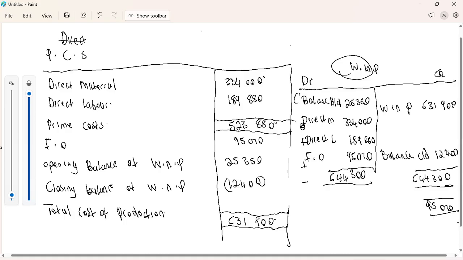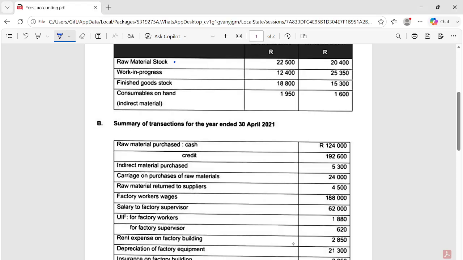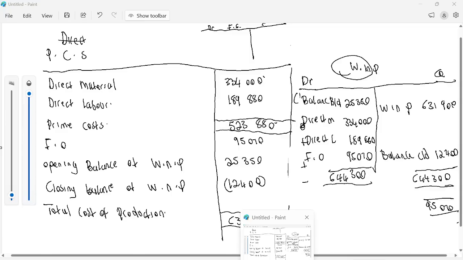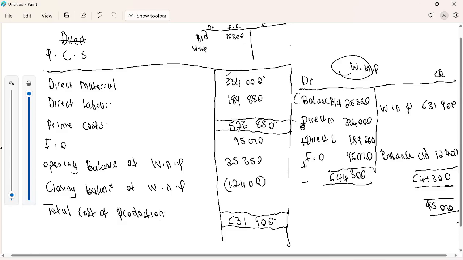Let's do the finished goods T account. Let me just do it here at the top. Finished goods, debit, credit. Balance at the beginning of finished goods is 15,300. I'm going to write 15,300 here as balance brought down. Now I'm going to have the work in progress, or the cost of production for grade 12. You're just going to write the same amount here, which is 631,900.